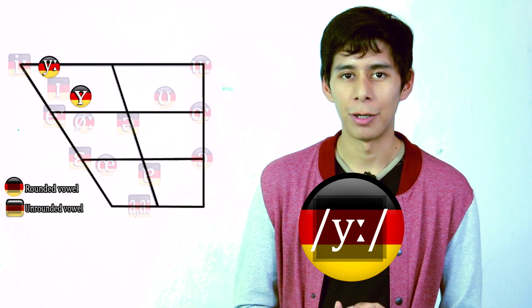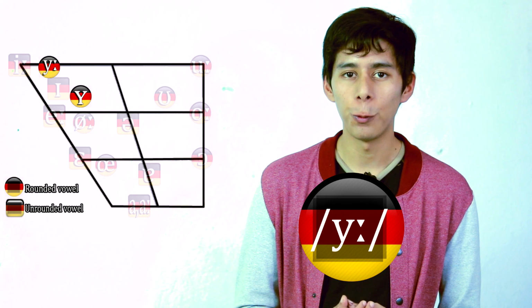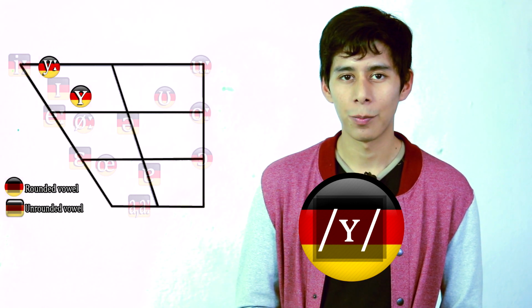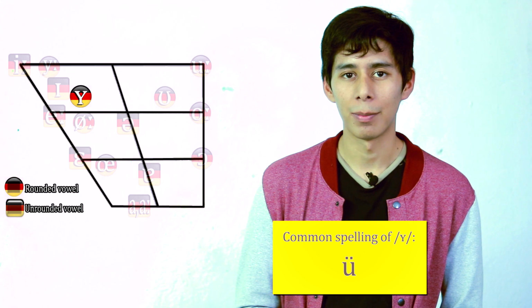We can relate this vowel sound to the long ü sound. This sound is the short and open version of the long ü. As an open vowel, this sound normally appears in closed syllables in both stressed and unstressed syllables.